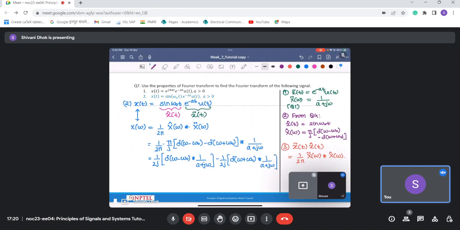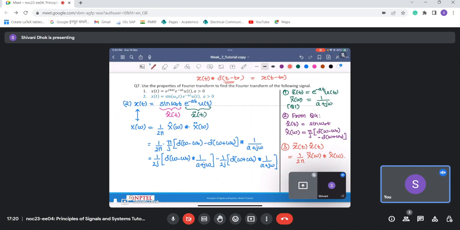Now any signal, let's say x of t, if I convolve with delta of t minus t naught, then this is nothing but x of t minus t naught. This delta is basically a delay of t naught. So if I convolve it with a unit delay of t naught, it will just shift that signal x of t from its current location by a factor of t naught.